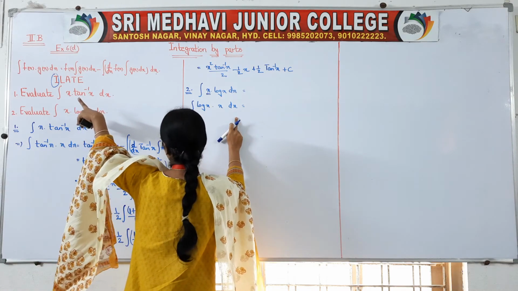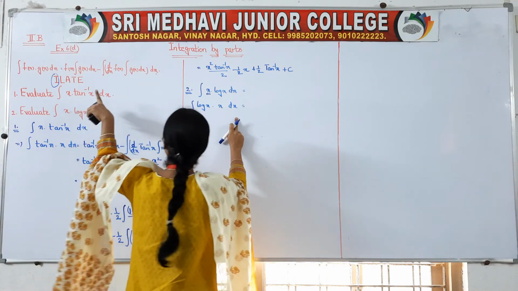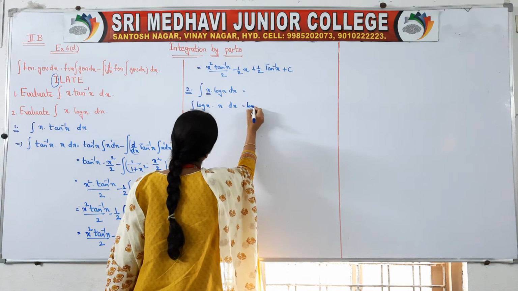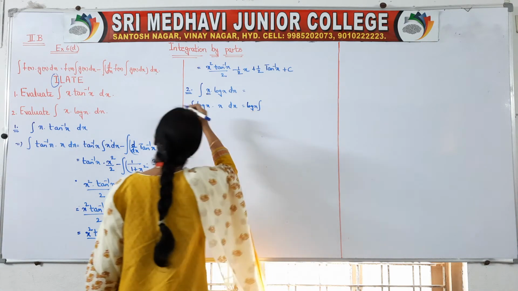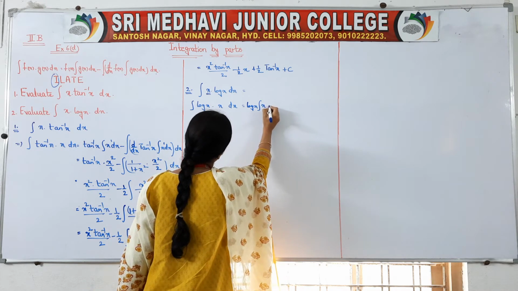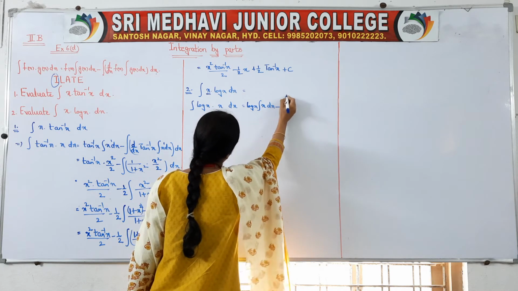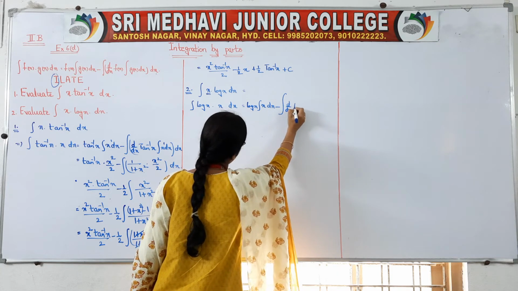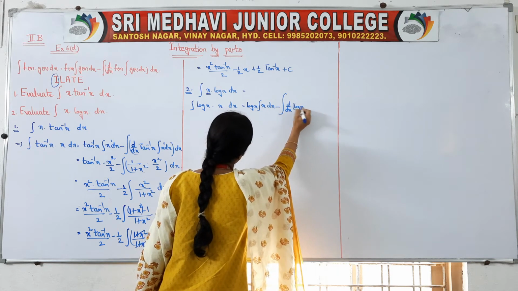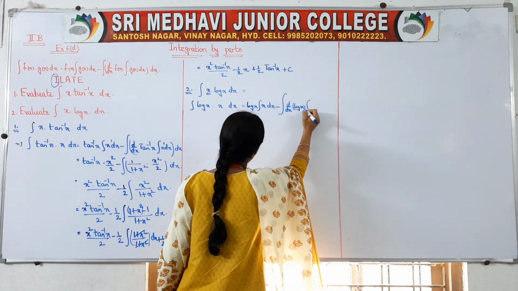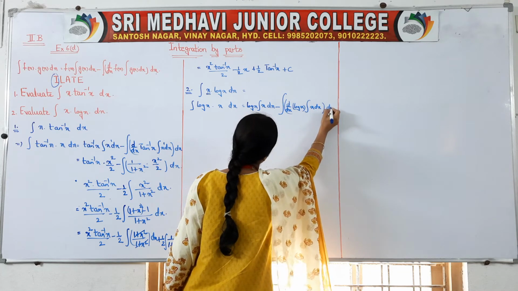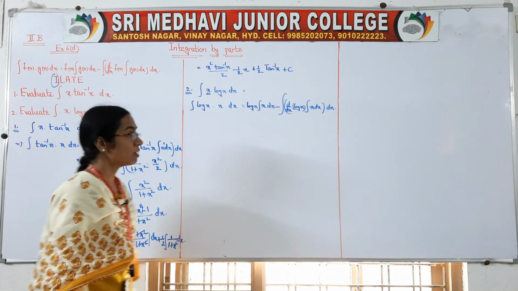So what is your formula? Integral f of x into g of x dx is equal to f of x, which is log x, integral g of x dx, that is x dx, minus integral of d by dx of f of x, that is d by dx of log x, integral g of x dx whole dx. This is the formula.